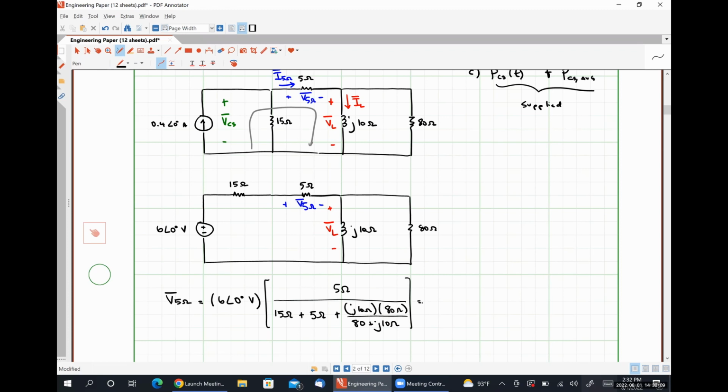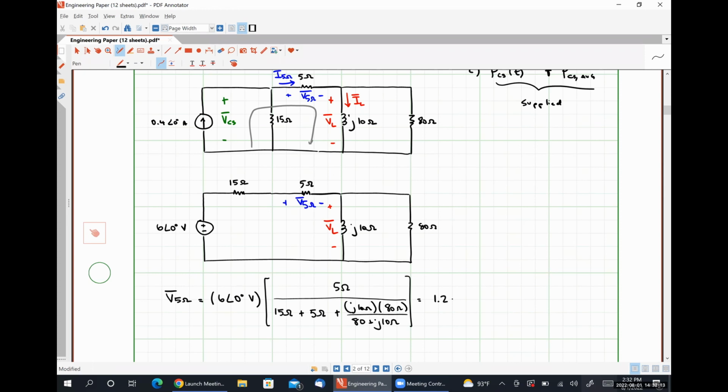All right, so what I got was 1.282 with an angle of negative 24.880 volts.